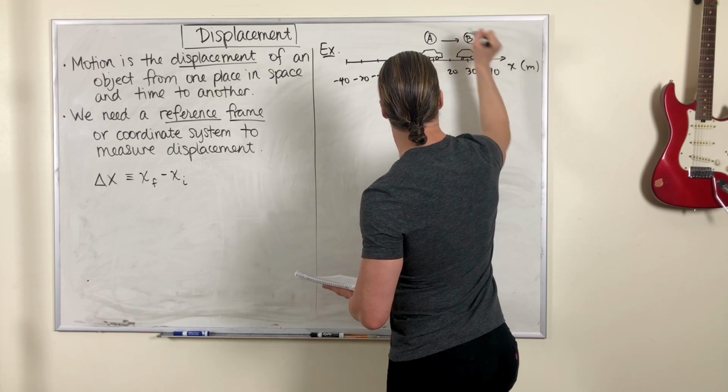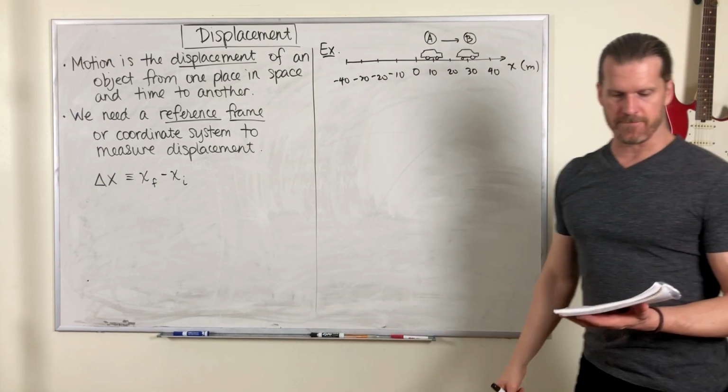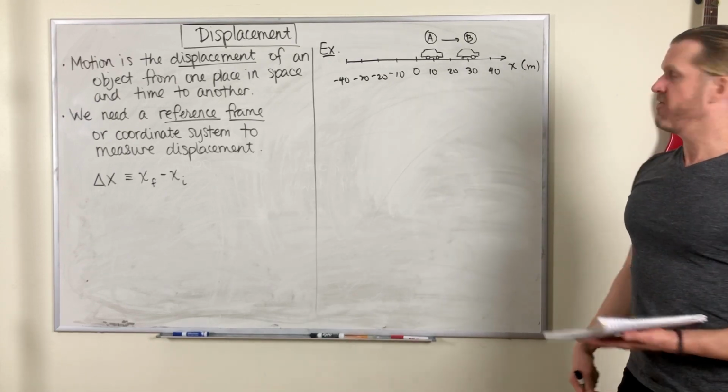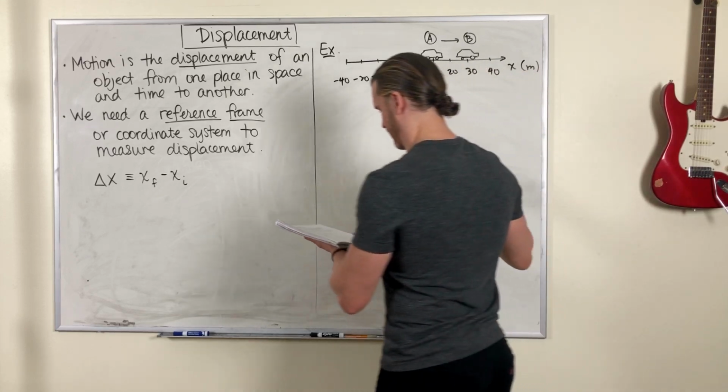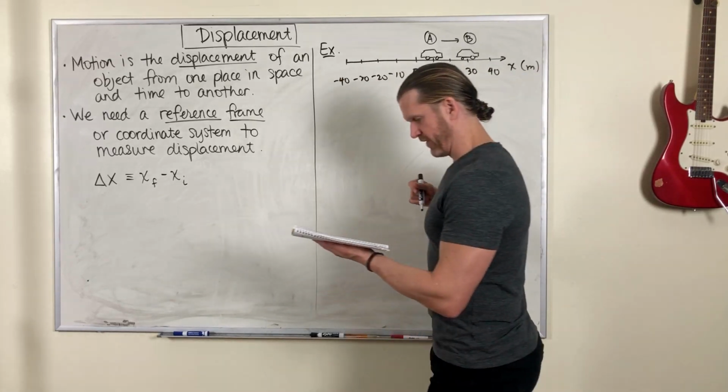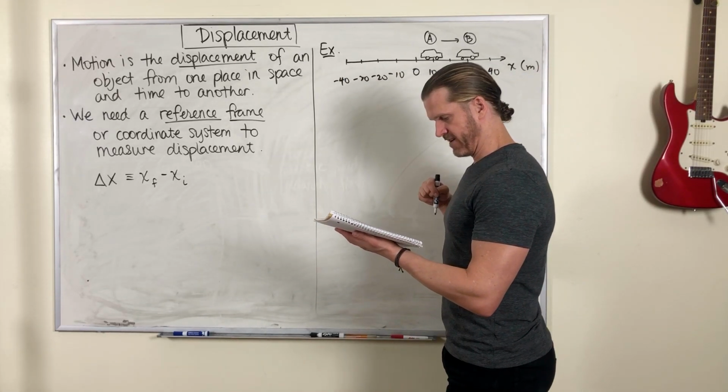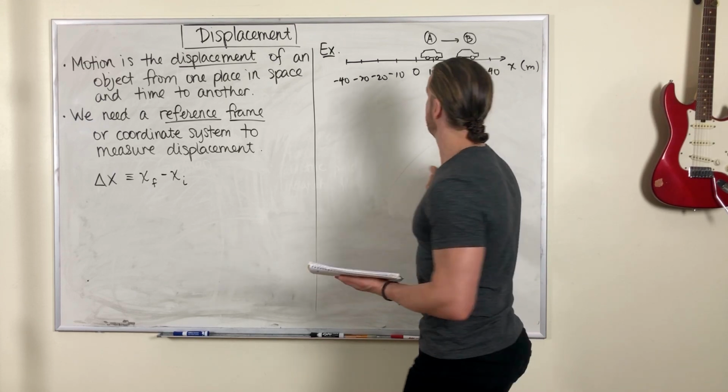All right, so the car drove from location A to location B, and now for some reason the car decides to back up, and it backs up to location C, which is at negative 20 meters.